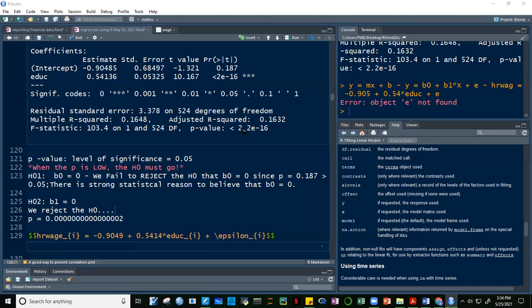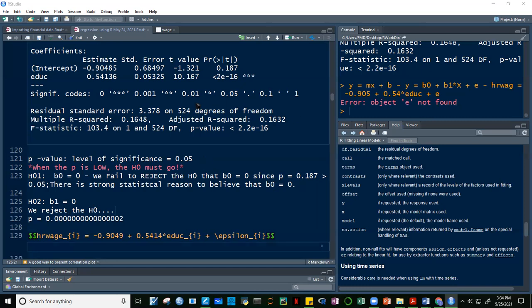Okay, correct. Thank you. Reject natin yun. No? So ibig sabihin, there's strong statistical reason to believe that this is not true, that B1 is equal to 0. So possibly B1 is not equal to 0. Kaya nga natin reject, no?